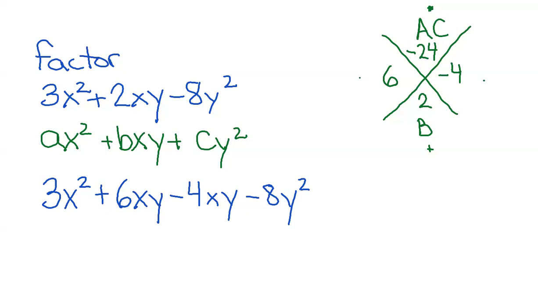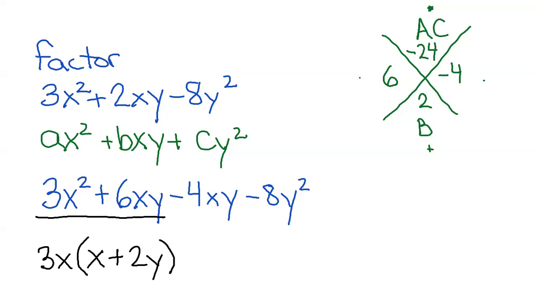and factor. So if we group these first two terms together, the greatest common factor that we can factor out is 3x. And what we leave behind is x in the first term and 2y in the second term.